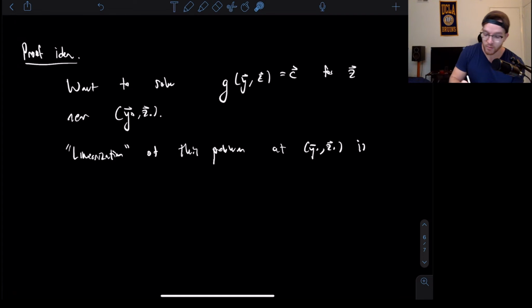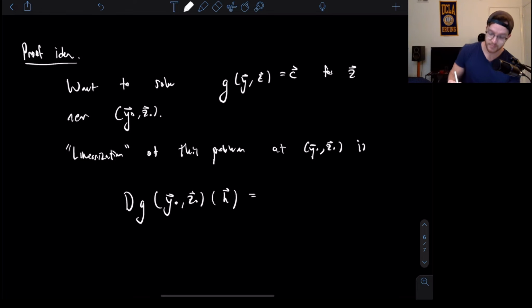is, well, I take a derivative of both sides. On the left, I'll get dG, the abstract derivative at my point y naught, z naught, of H. And on the right, I would just get the zero mapping of H, which is the zero vector, because C is constant.